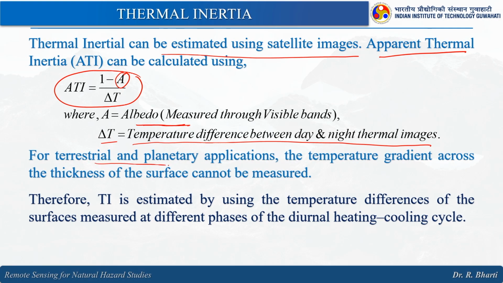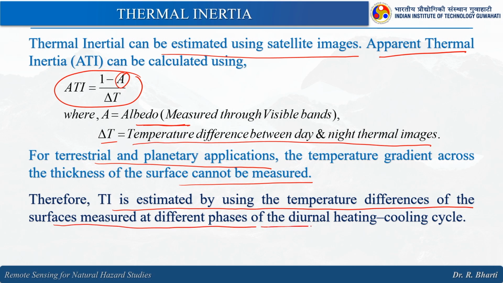For terrestrial and planetary application, the temperature gradient across the thickness of the surface cannot be measured. Therefore, Ti is estimated by using the temperature differences of the surfaces measured at different phases of the diurnal heating and cooling cycle. Remember, refer to my previous slides where I explained the diurnal heating and cooling.